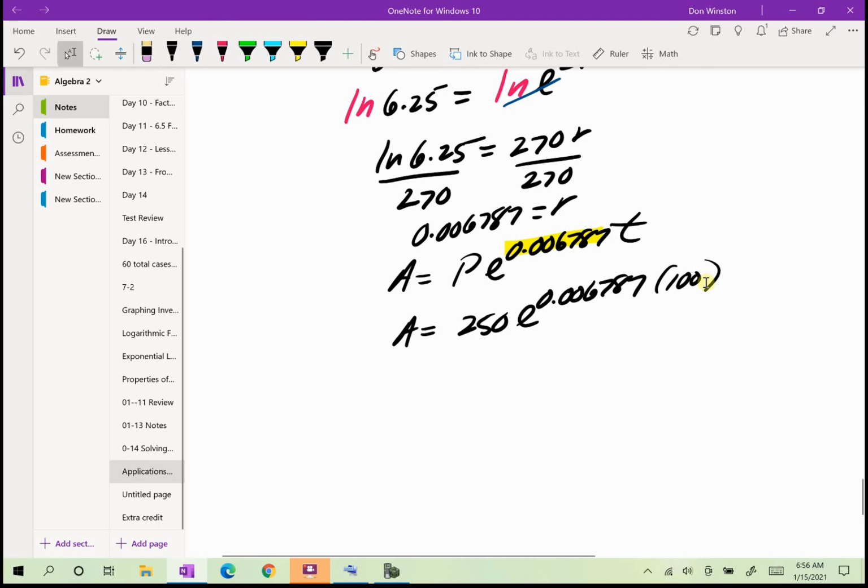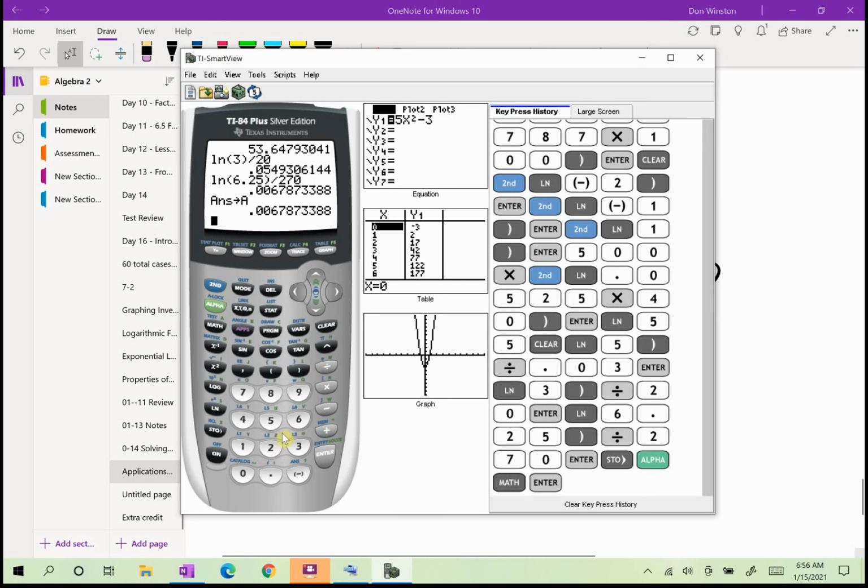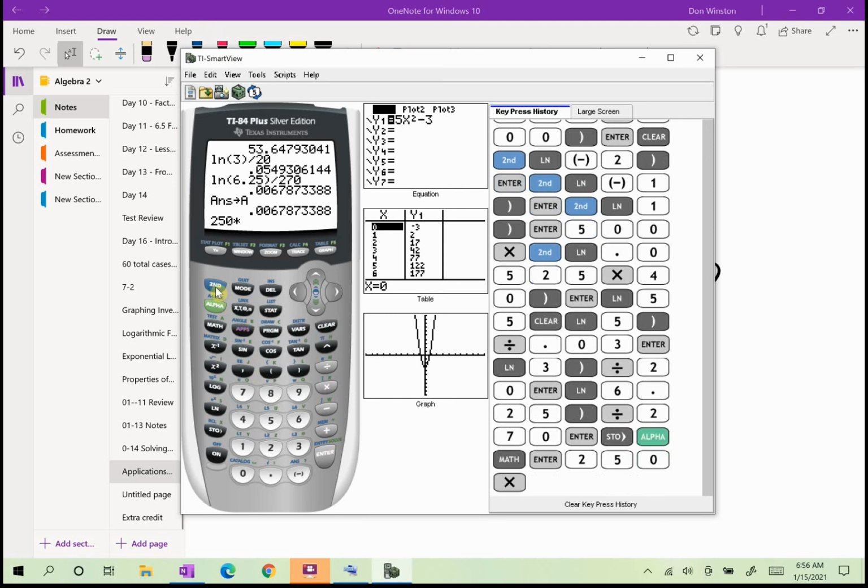Because I stored that in my variable A, I'm just going to go alpha A, and then times 100.